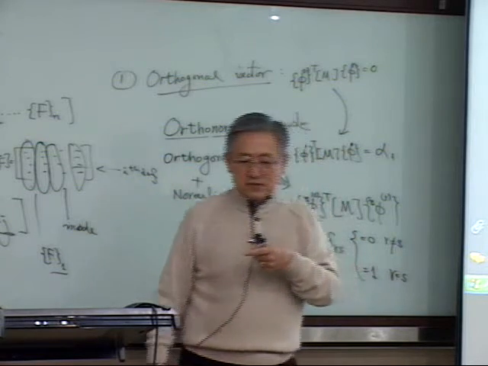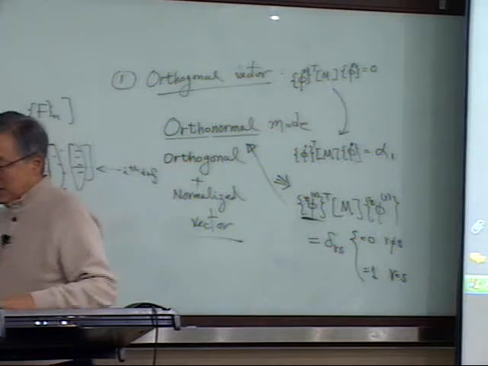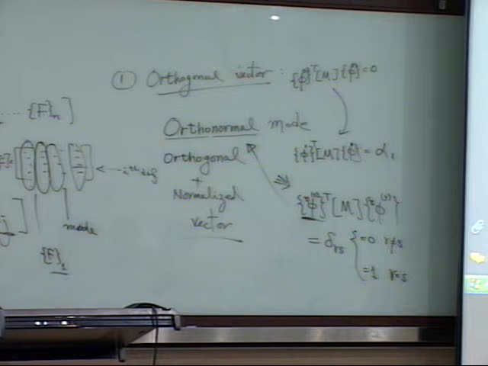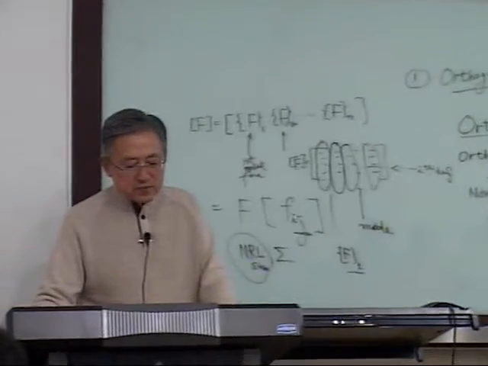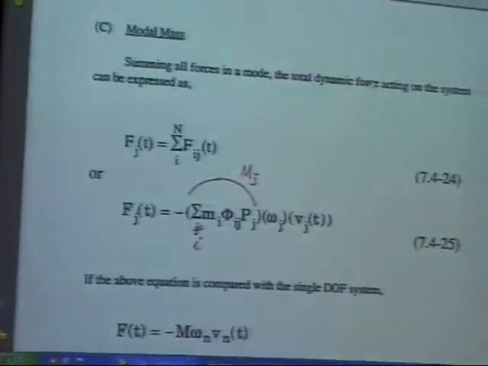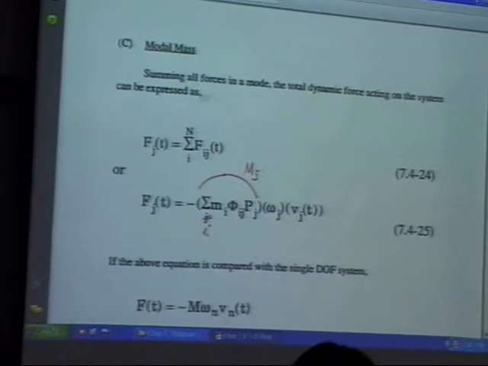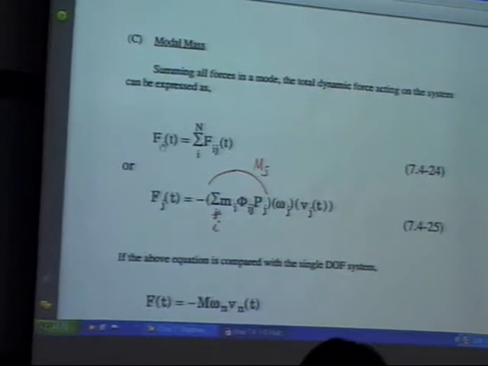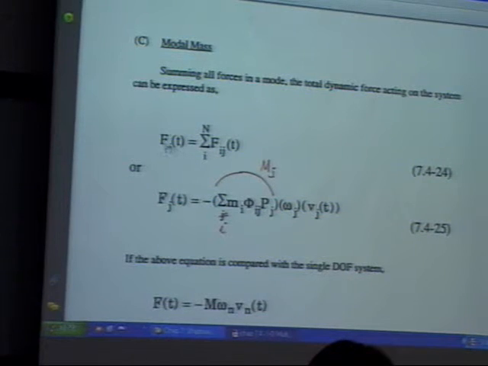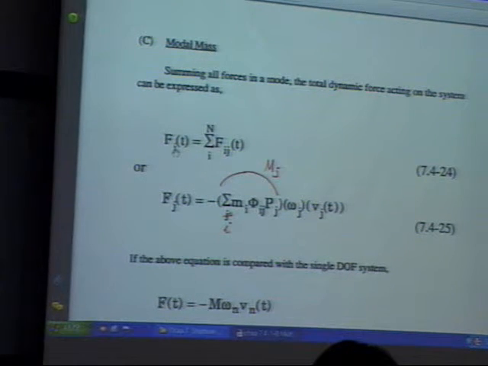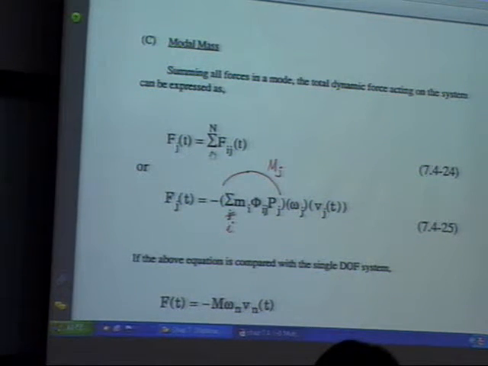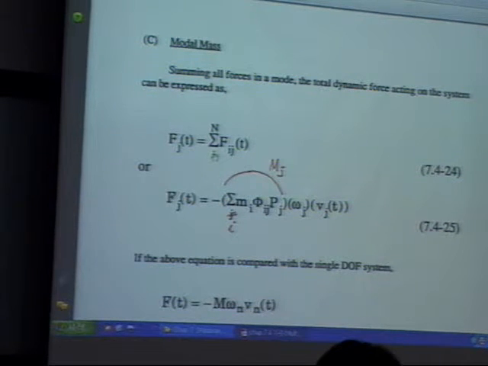Well, you can prove it very easily mathematically. To do that here, let's say summing all the forces in a mode, the total dynamic force acting on the system can be expressed like this. j is a mode, okay? i is the degree of freedom.